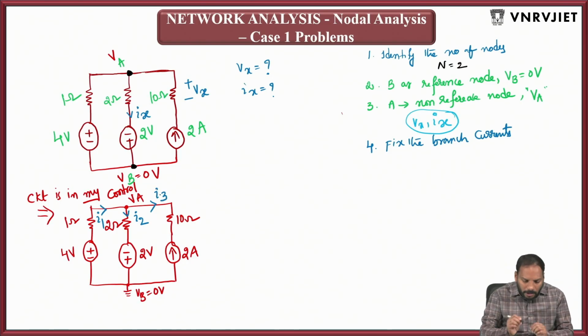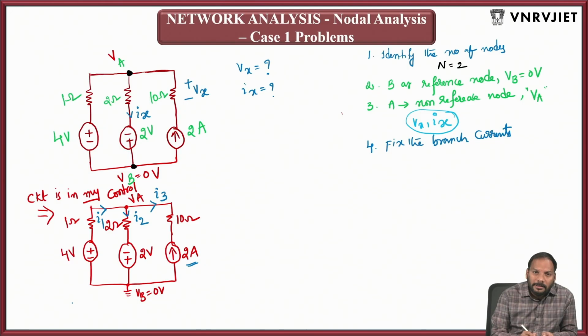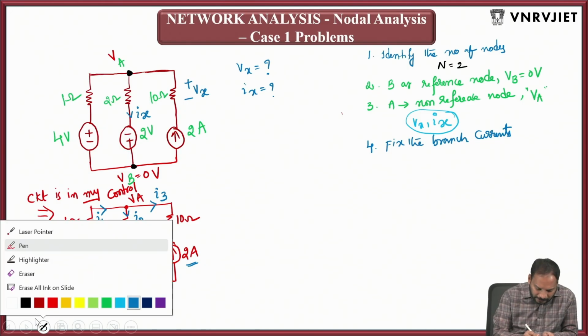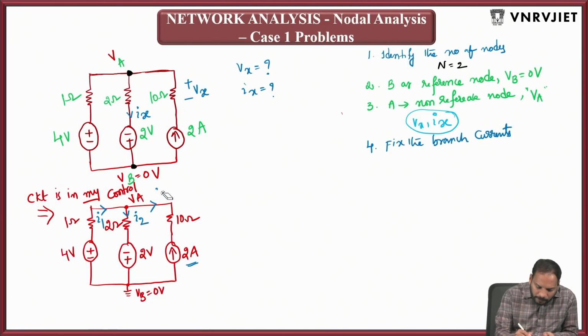Now, if you keenly observe, there is a current source in one branch, right? So if there is a current source of 2 amperes in one branch, then don't consider the branch current as I3, to make this problem very simple. I try to consider this current as 2 amperes.